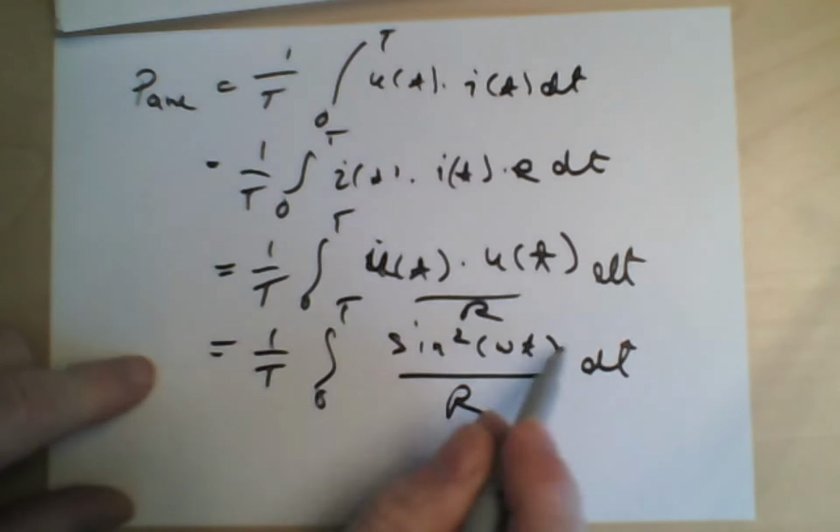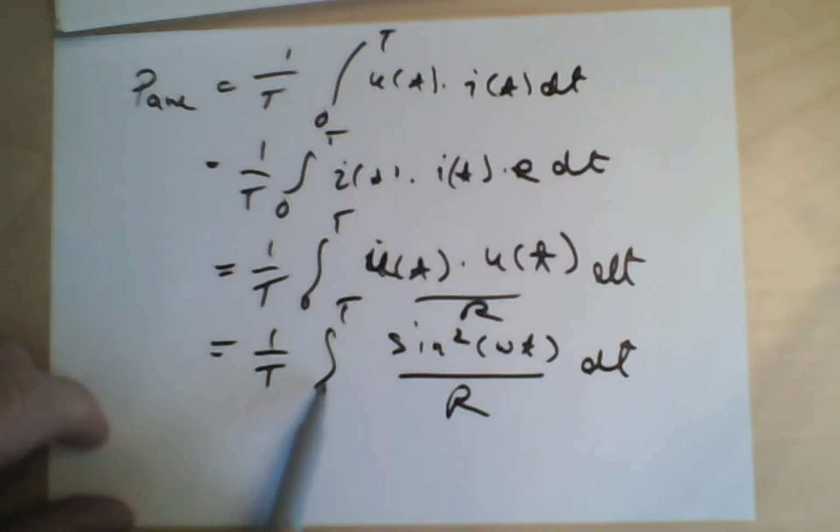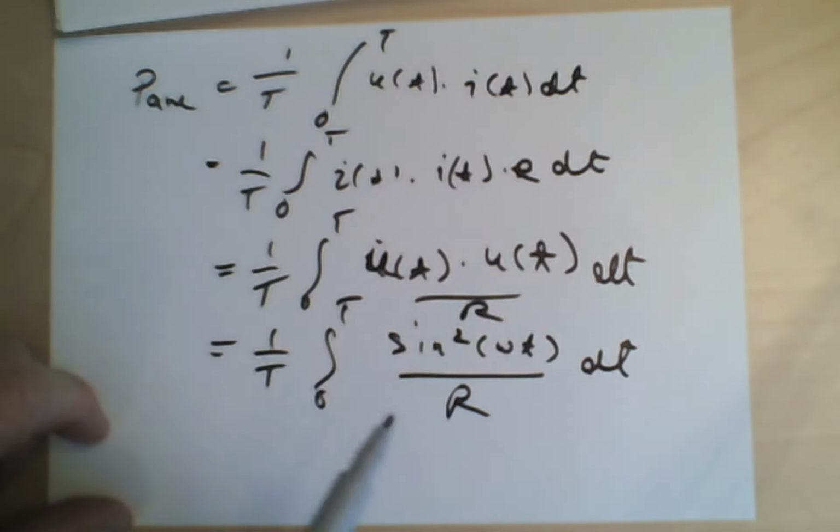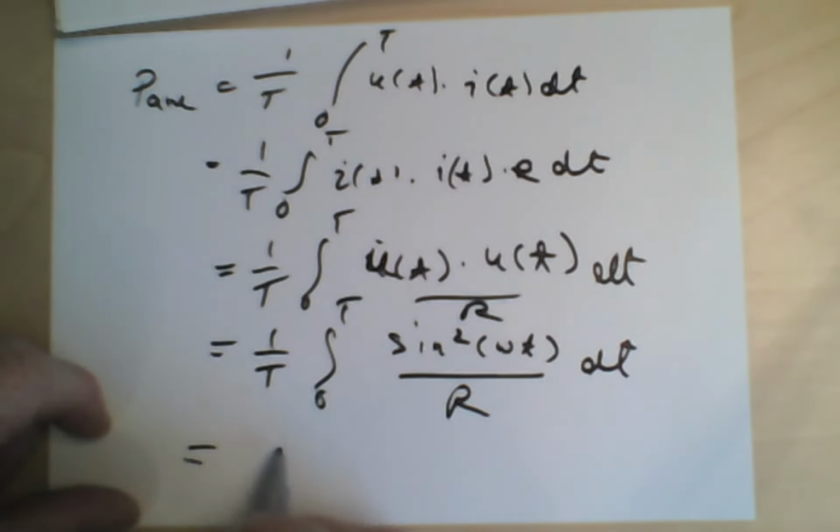The integral over one period for sine squared, from 0 to T, becomes u0 squared divided by 2R.